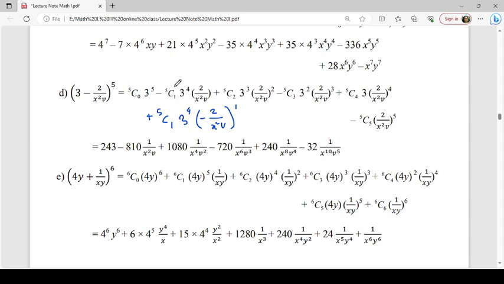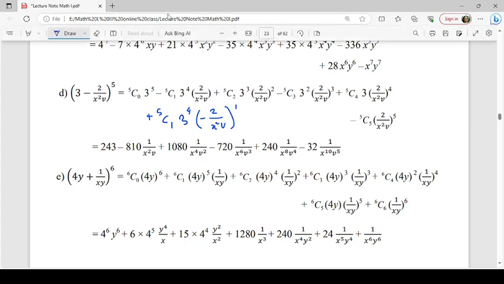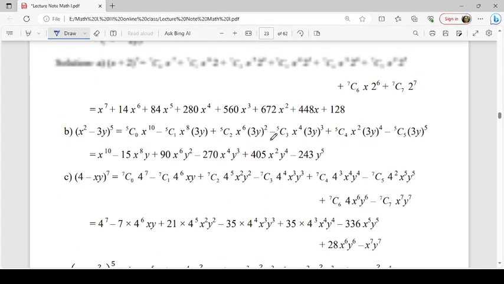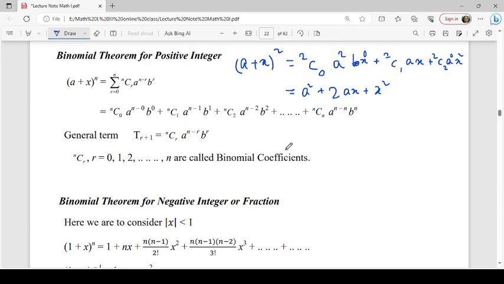So actually what we can write here also, we can write in the general term it is a plus x.